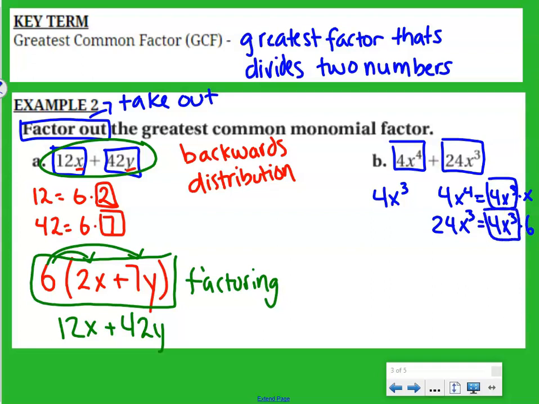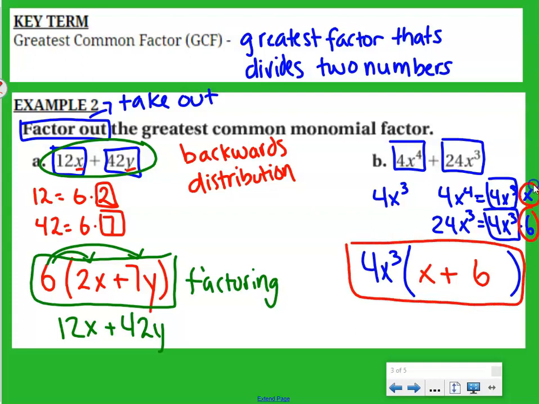So when we take out that factor, 4x to the third, we have to write down what we have left over, which is x plus 6. So that would be written in factored form. We take out whatever we can.